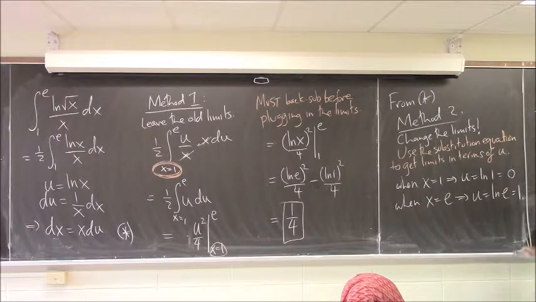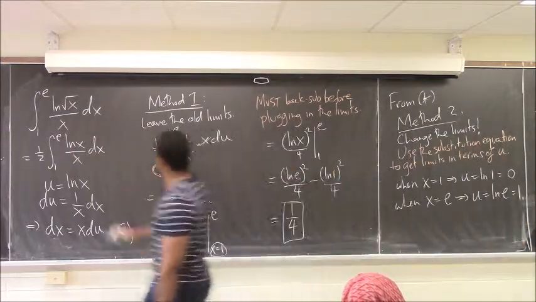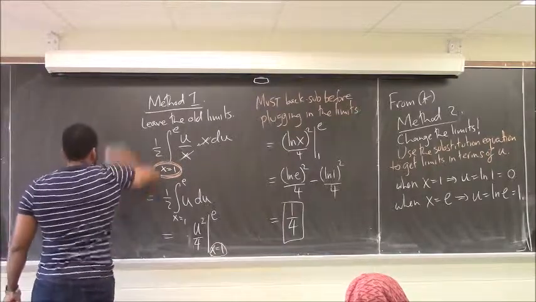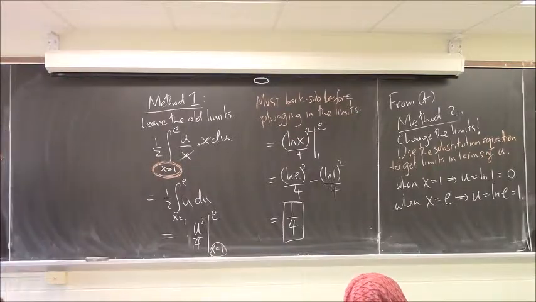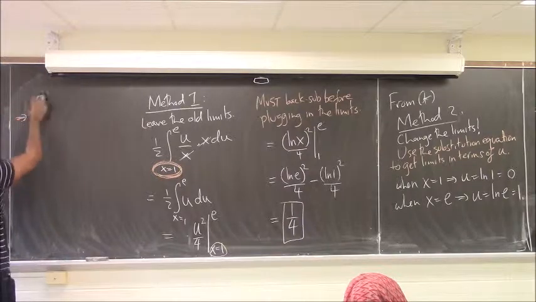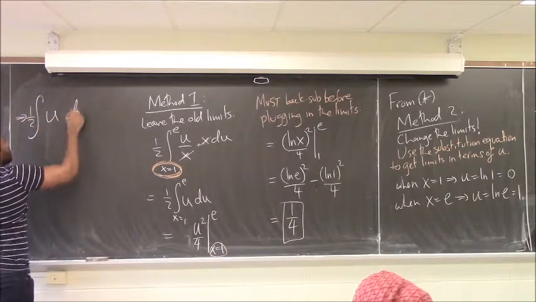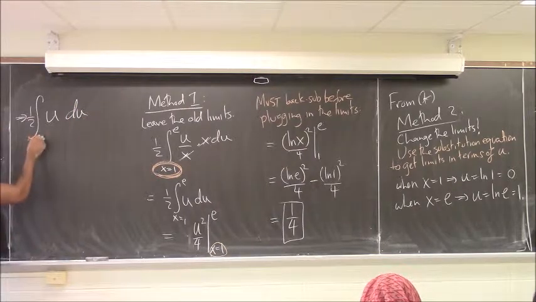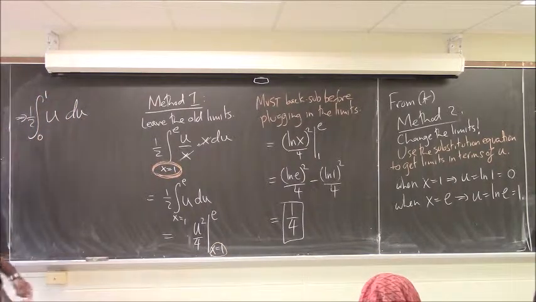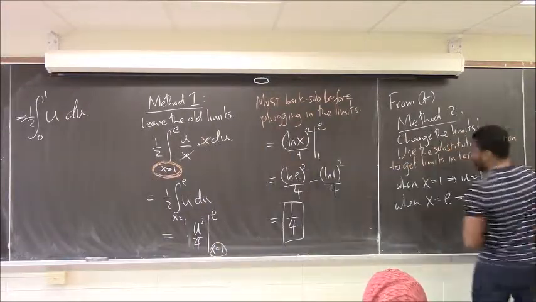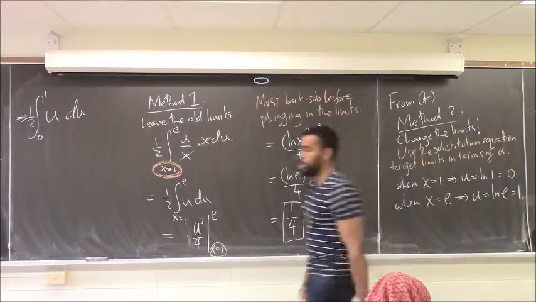And so now when I start plugging these in, I'll get the same integral, 1/2 u du, except now I can just put the numbers 0 and 1 here. I don't leave the limits in terms of the x coordinates, I change them to be u coordinates.